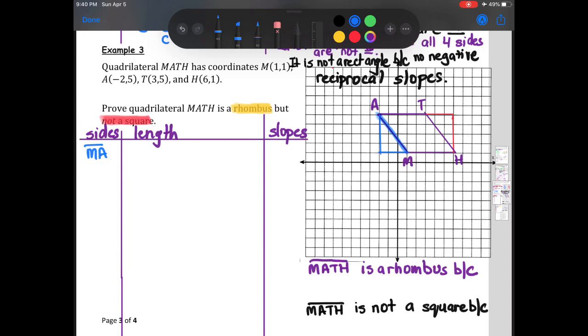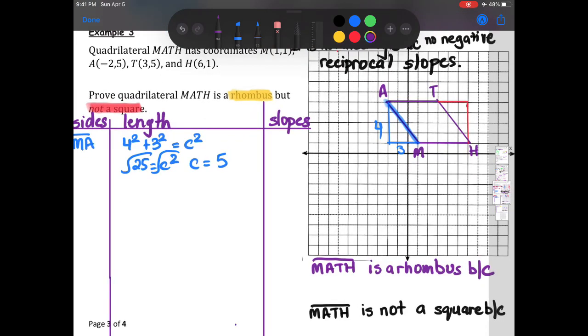This side is how much? 1, 2, 3, 4, so 4 and 3, right? So it is going to be 4 squared plus 3 squared equals c squared, which is 25 equals c squared. Last step is square root. So c is what? Square root of 25 is 5. So 5, right?